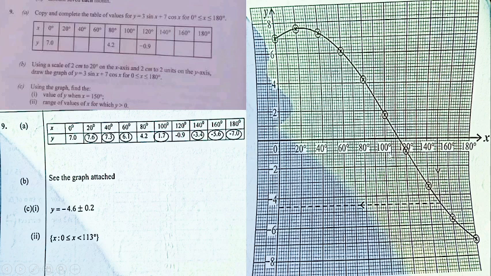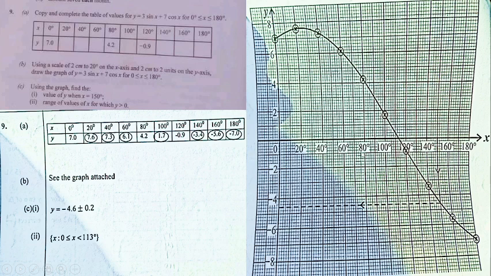So this is our x at 120 here. Then 0.9 is 0.2, 0.4, 0.6, 0.8, so 0.9 should be in between 0.8 and 1.